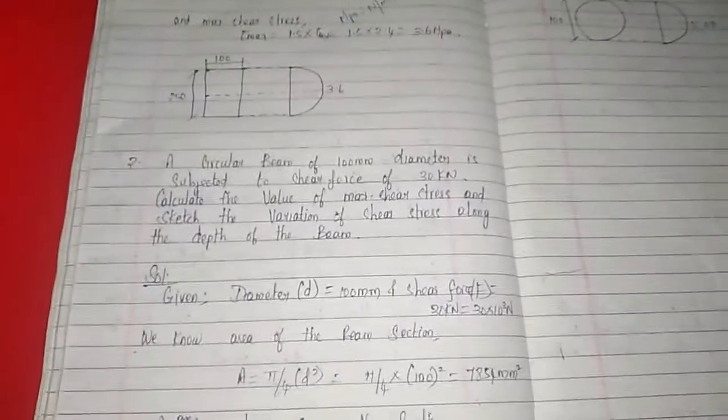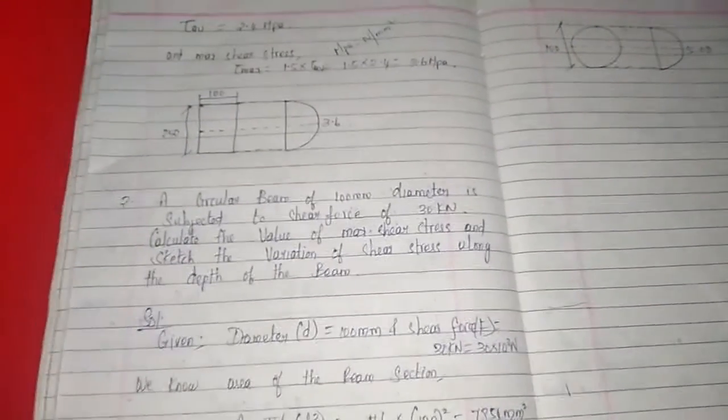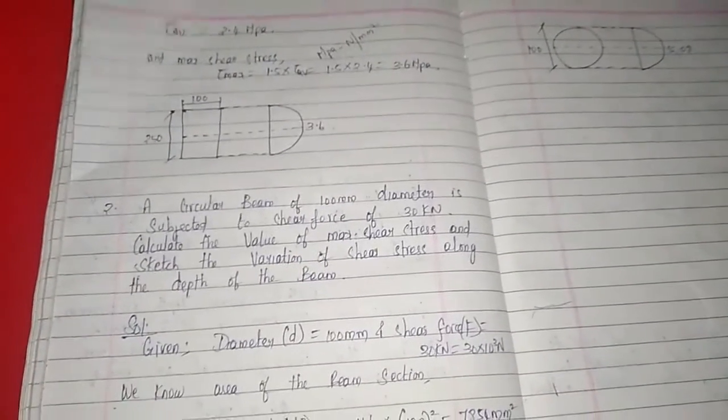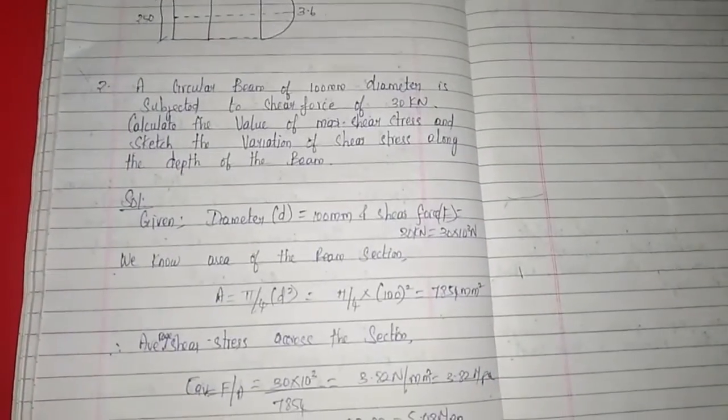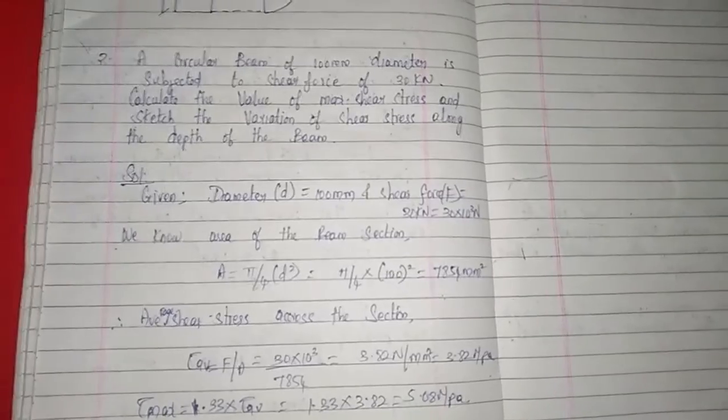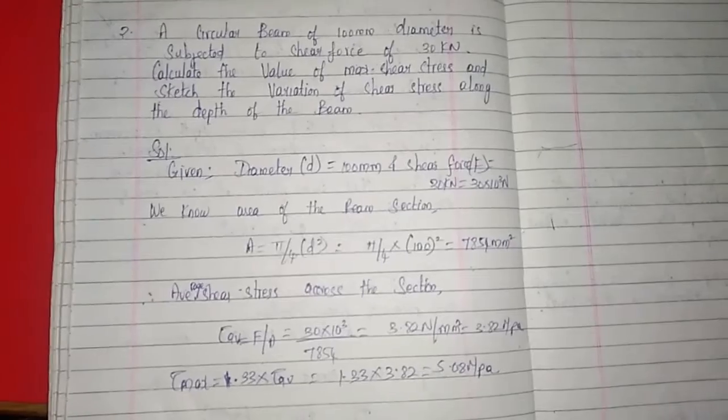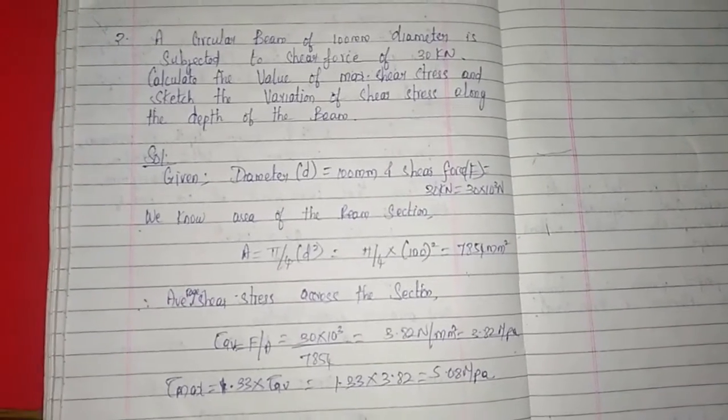They will ask either questions from your bending equation, or questions from your shearing stress equation. Very simple. For shearing stress, 1.5 tau AB for your rectangular section, 1.33 tau AB for your circular section. Very simple. And your bending stress equation is also very simple.